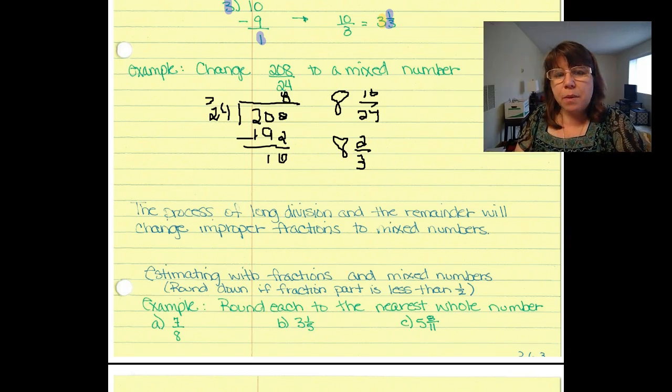Now let's try the second part, where we want to estimate with our fractions and mixed numbers, and we want to round. So we either want to round down or we want to round up. Now the first thing we need to consider is how do we compare if we're going to round it up or round it down?